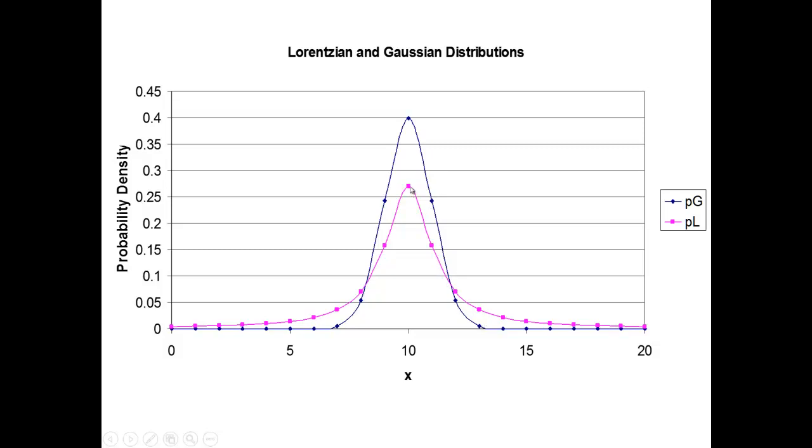If we look at the Lorentzian function, it's got a lower peak and it's got these much longer tails. So the integral underneath both of these curves is the same. It's equal to 1. But much more of that distribution is spread out further away from the mean in the case of the Lorentzian function. And this just happens to turn out to be the way that experiments work when they are measured for phenomena that display this idea of resonance.